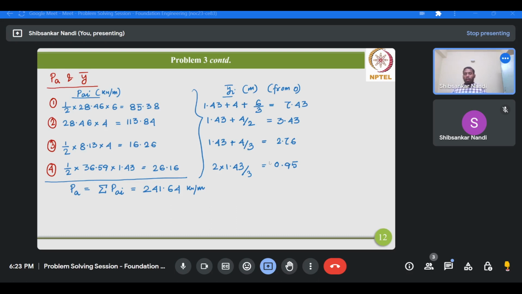This completes the individual active force and corresponding lever arm calculation.